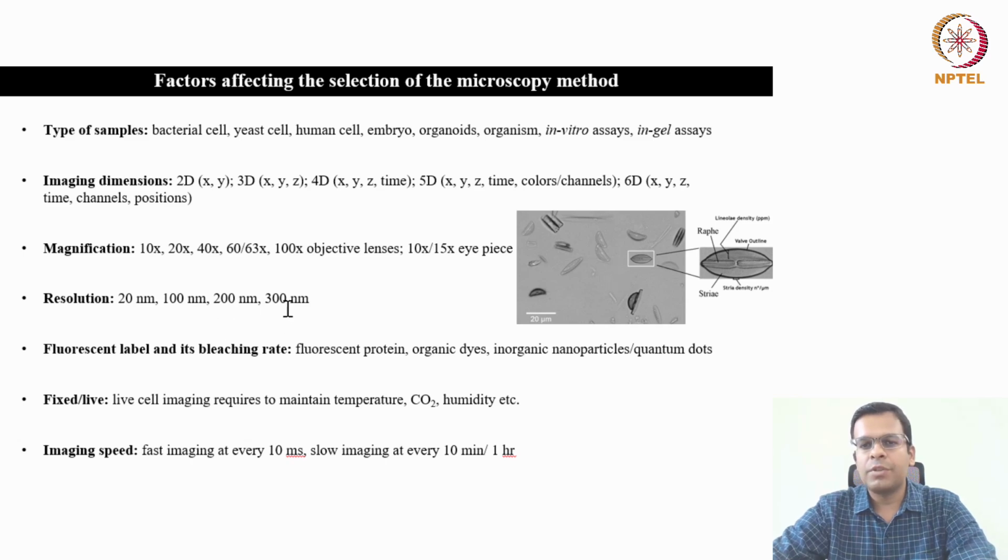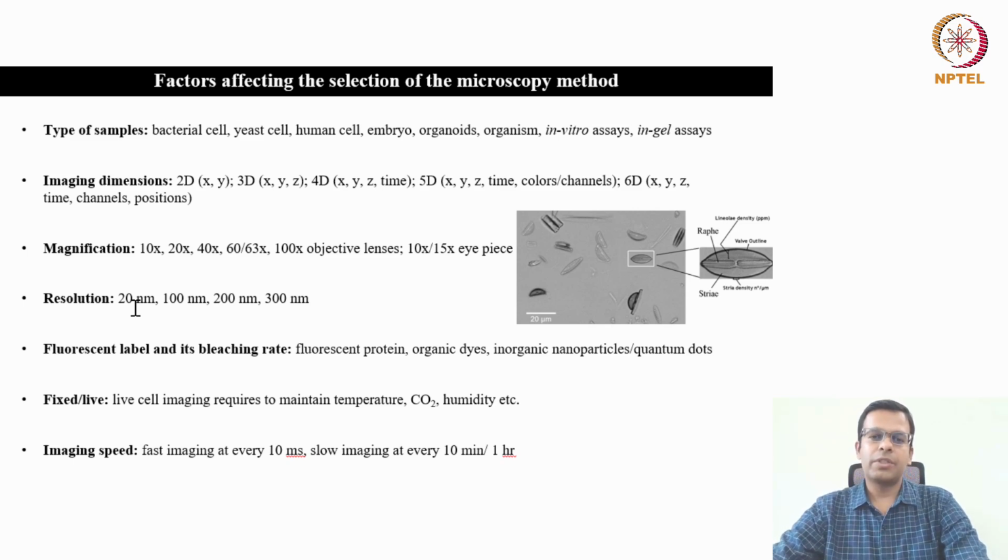Even with 200 nanometer or 300 nanometer, I can see the size and shape and I can count the number of diatoms in one field. Okay, but let's say if I really want to see the structures of these diatoms, then I need a better resolution like 100 nanometer or 20 nanometer. Okay, to resolve the structures in a better way.